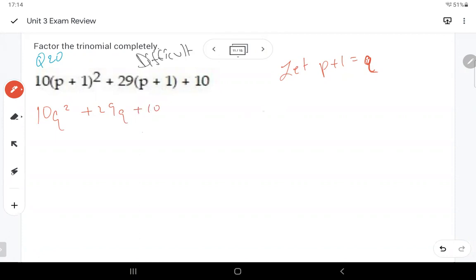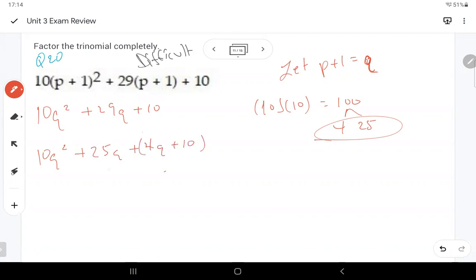We need to do 10 times 10, which is 100. So we need factors of 100 that'll give us 29. That's going to be 4 and 25. So we're going to have 10q squared plus 25q plus 4q plus 10. Go straight into our factoring by grouping.